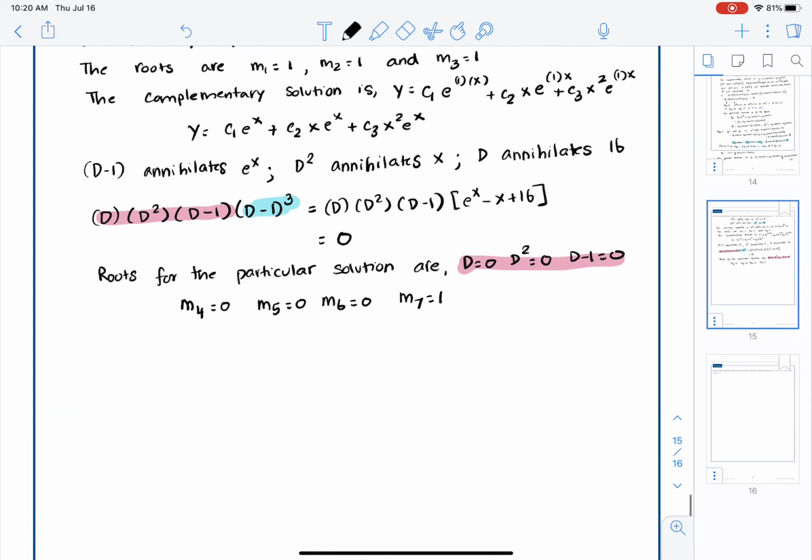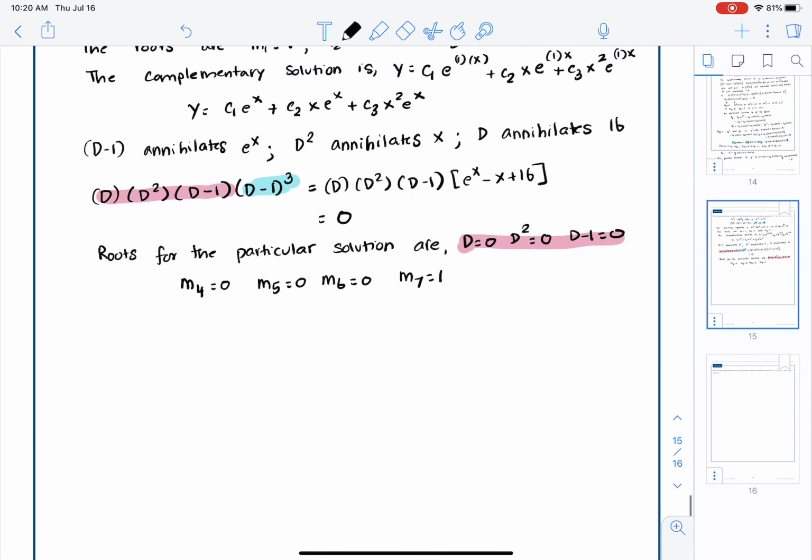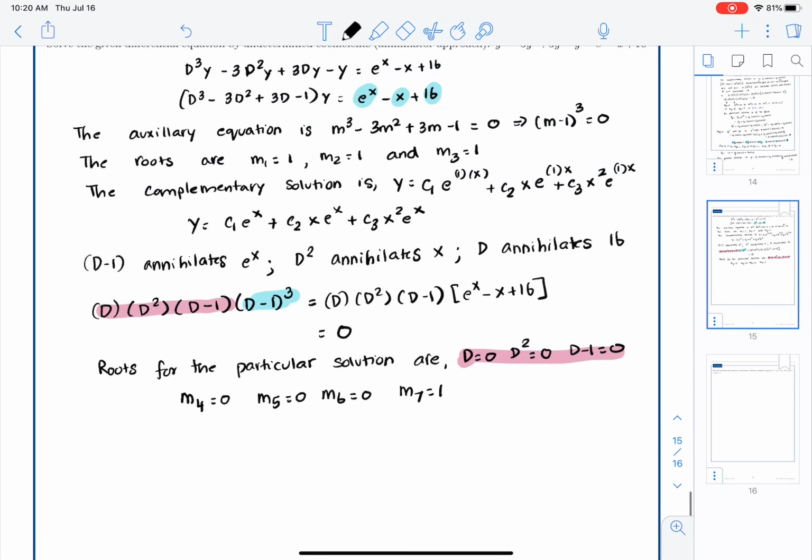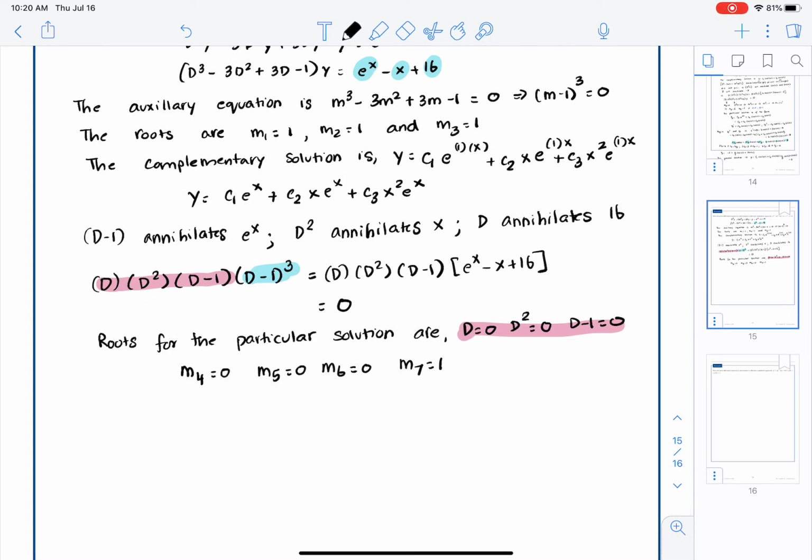And we already have an x term, x squared term, so we need to have repeating roots here. So the D minus 1 would apply for e raised x.